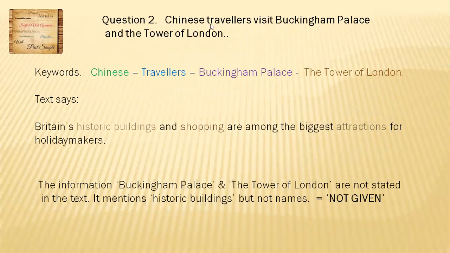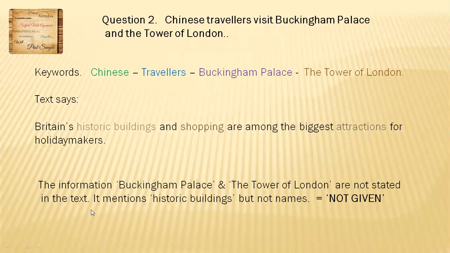Second one, Chinese travellers visit Buckingham Palace and the Tower of London. So Chinese travellers, Buckingham Palace, Tower of London. The text says, Britain's historic buildings and shopping are among the biggest attractions for holidaymakers. Now, the information Buckingham Palace and the Tower of London are not stated.